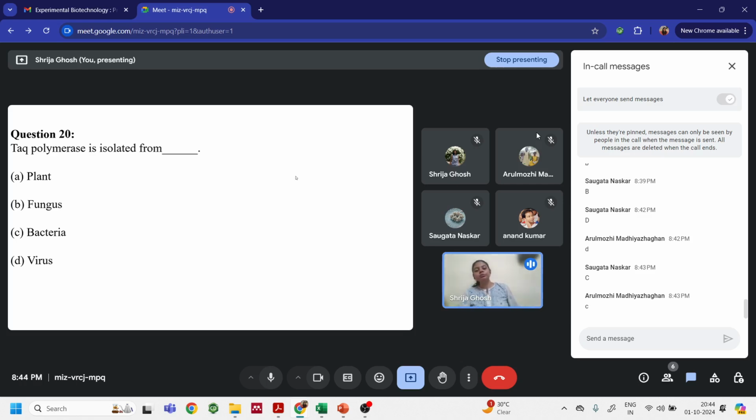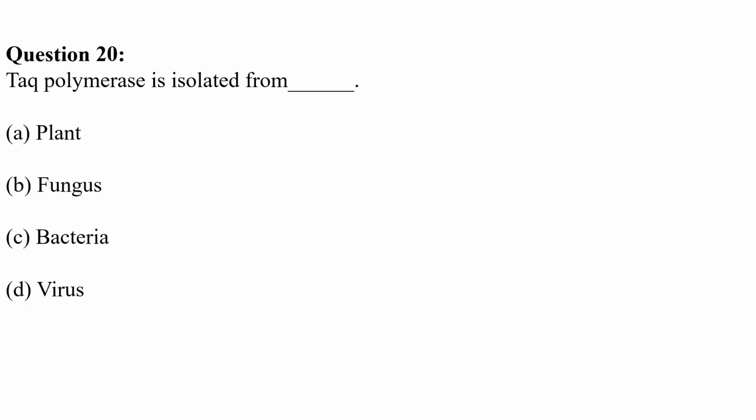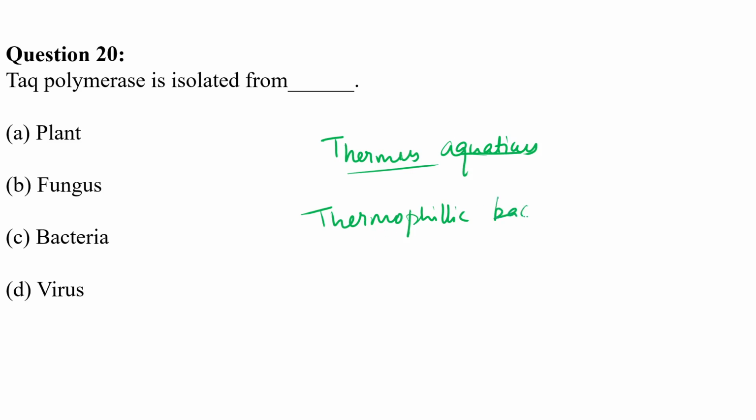Taq polymerase is basically isolated from a bacterium called Thermus aquaticus. This is a thermophilic bacterium that grows at higher temperatures, so it already has all the enzymes that are functional at higher temperature.